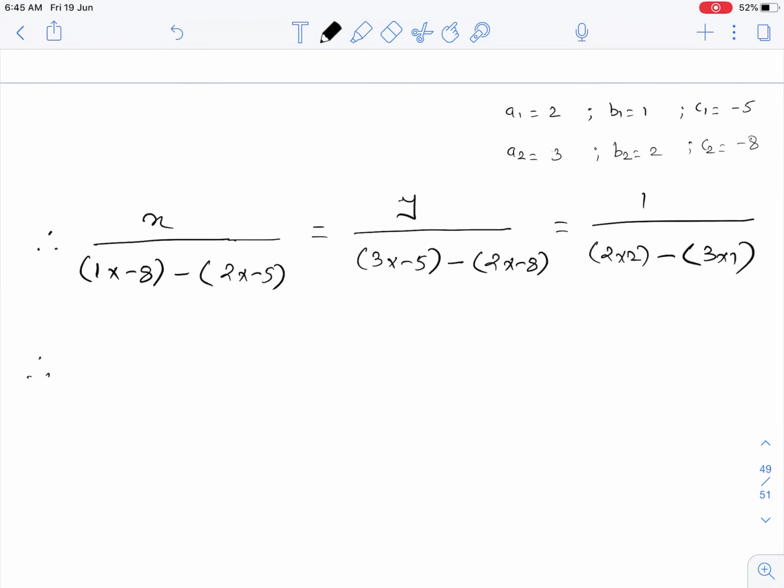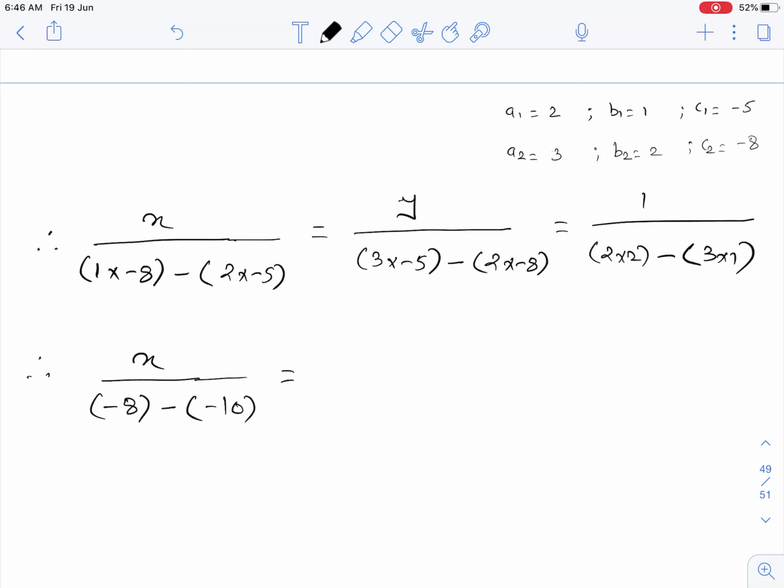Therefore now this part of the work is over. Okay, now we have to do our regular calculation, x upon, now 1 into minus 8 will become minus 8, then this subtraction sign will write it as it is, then 2 into minus 5 will become minus 10.